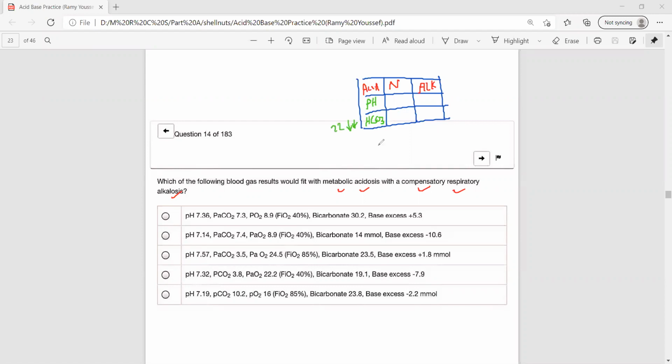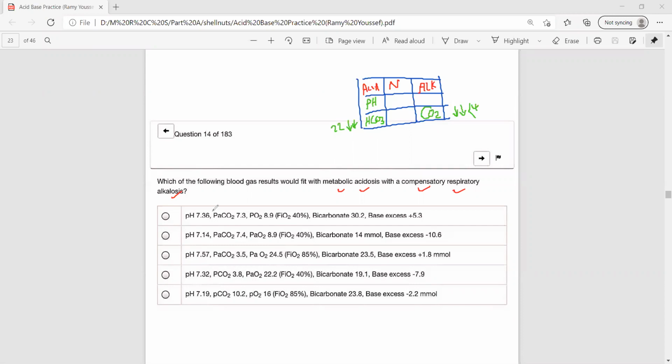Compensatory respiratory alkalosis, so what do you expect the CO2 to be? It will be low, less than 4. So you expect HCO3 less than 22 and CO2 less than 4, and pH acidotic, meaning less than 7.35.